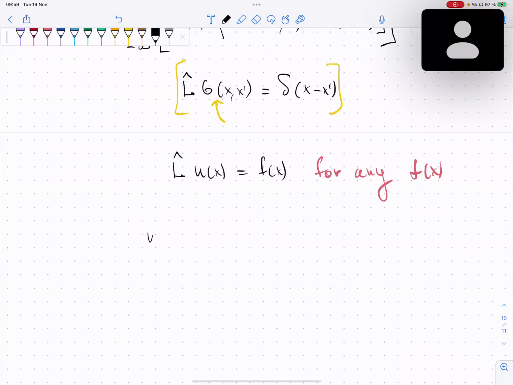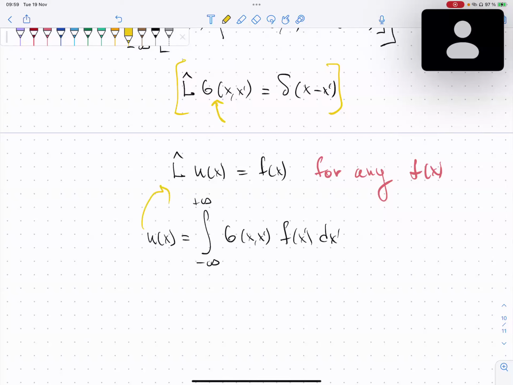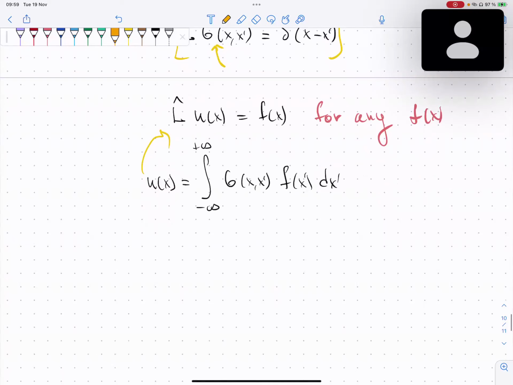And the solution will be just the convolution of this g function with the function f. This is the solution of this differential equation with any right-hand part. And this function is actually called the Green function.